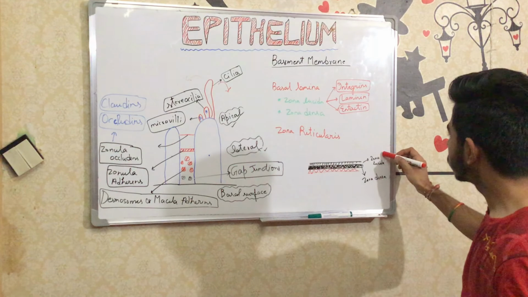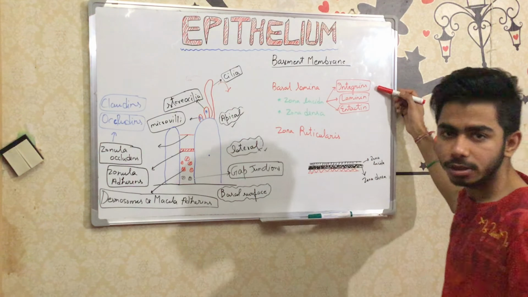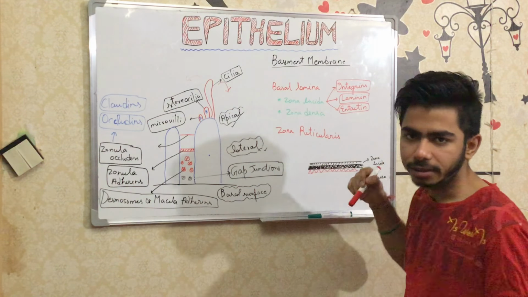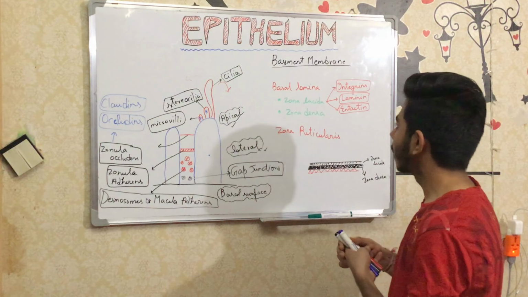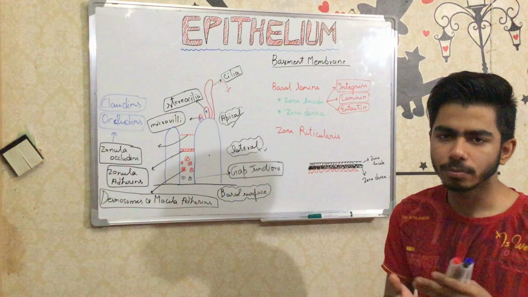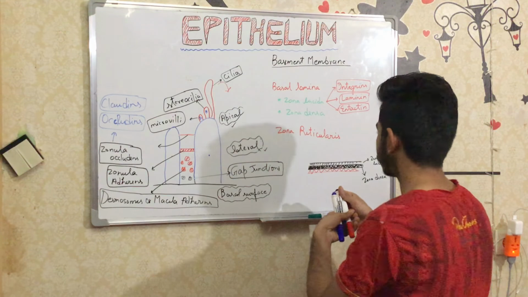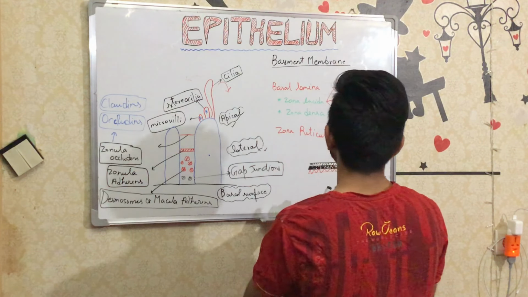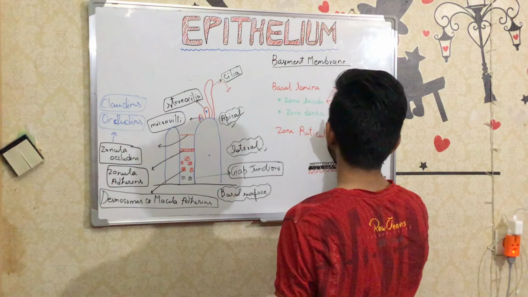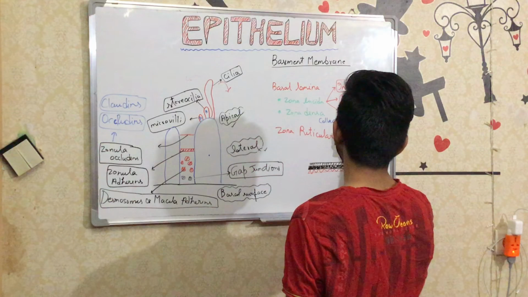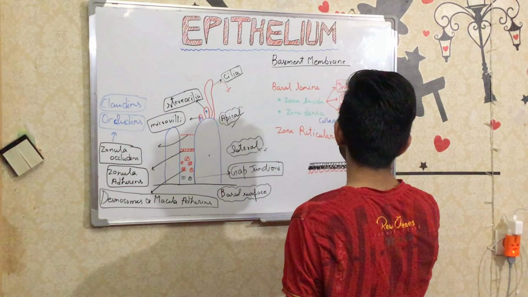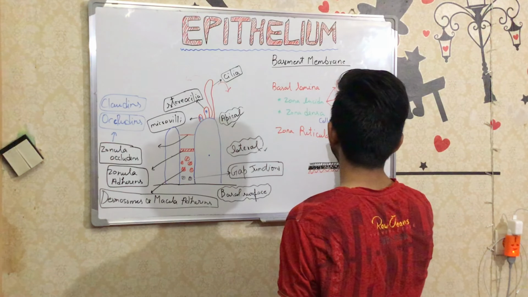Now, in the zona lucida, we have some proteins like integrins, laminin, and entactin. If you talk about the zona densa, again, we have some kinds of fibers and proteins. So there are collagen 4 fibers and fibronectin.